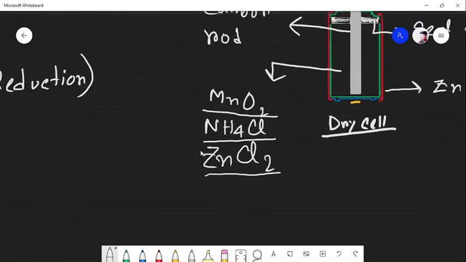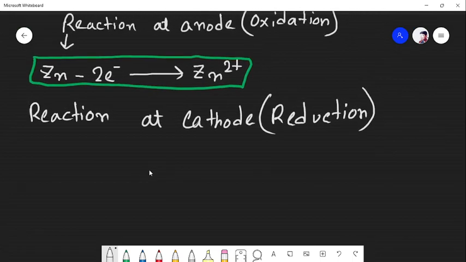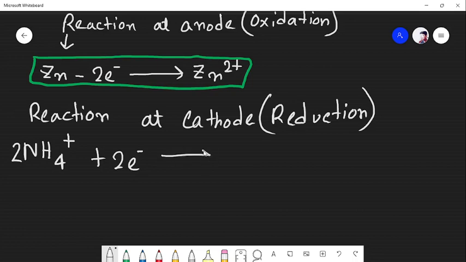The first one is with ammonium: ammonium gains 2 electrons and becomes NH3, and it produces hydrogen gas.